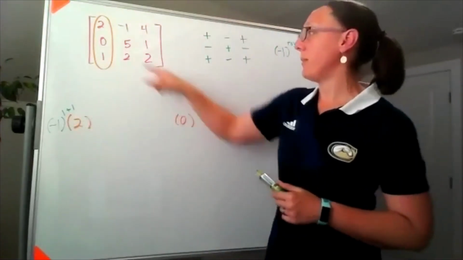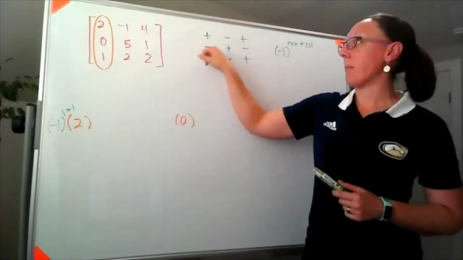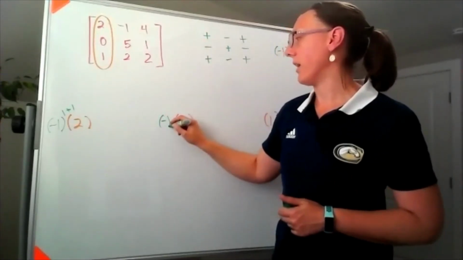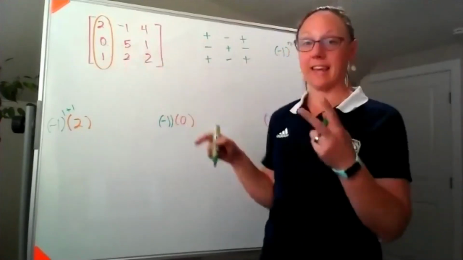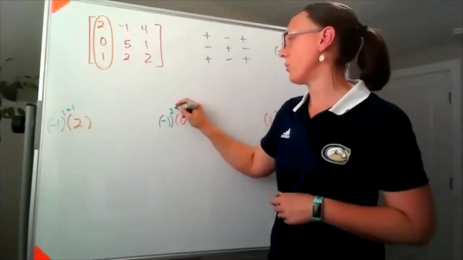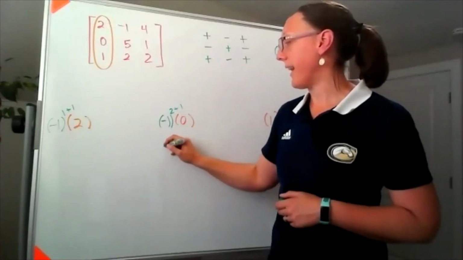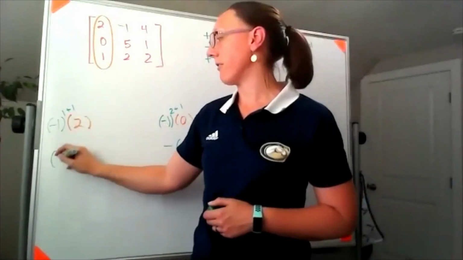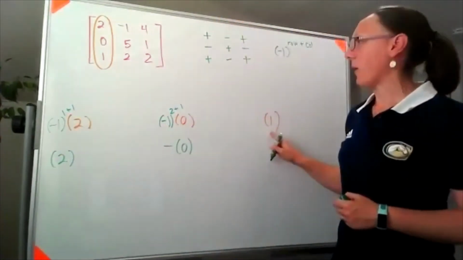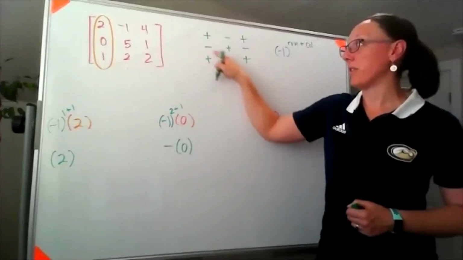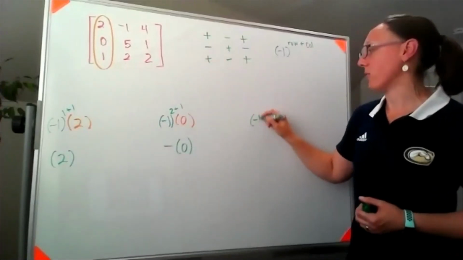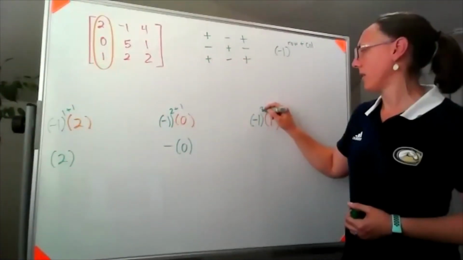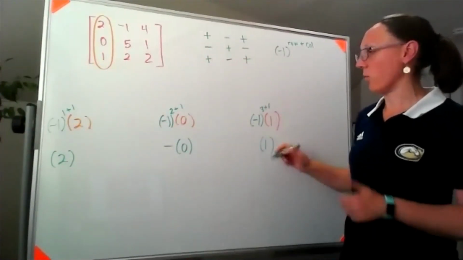This is 0, because it's sitting right here, I know that's in a minus spot, but I can also figure that out by looking at -1 to this is in the second row, first column, so to the 2 plus 1. So that's going to be a -0, and this one's going to be a +2. And then that 1, I know it's sitting in the spot with a plus, or I can think about it as -1 to, this is row 3, column 1. So that'll be a +1.